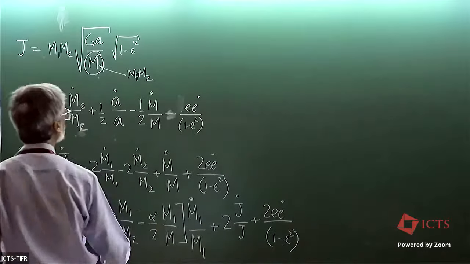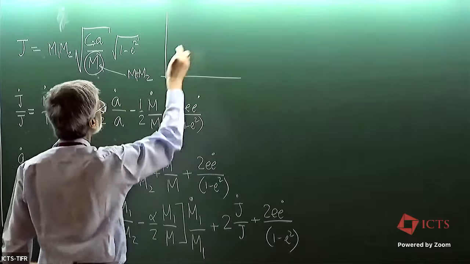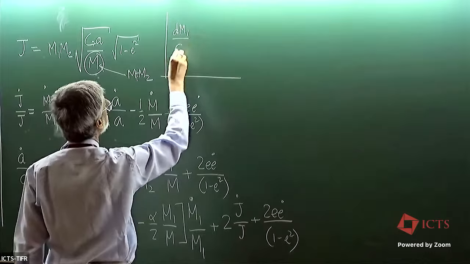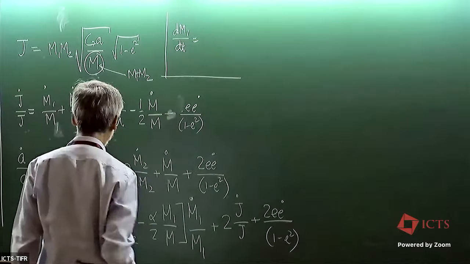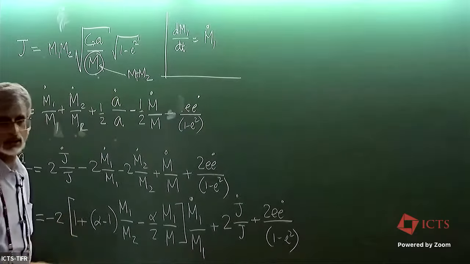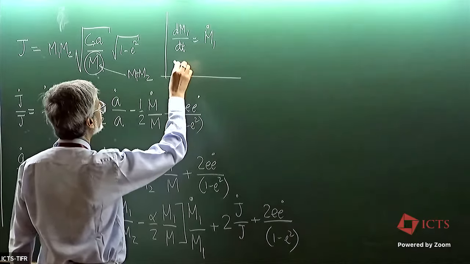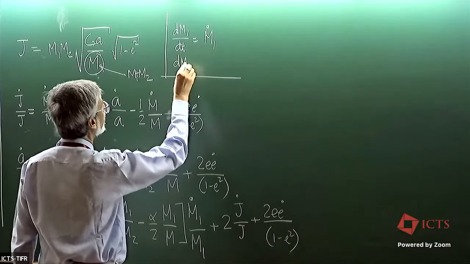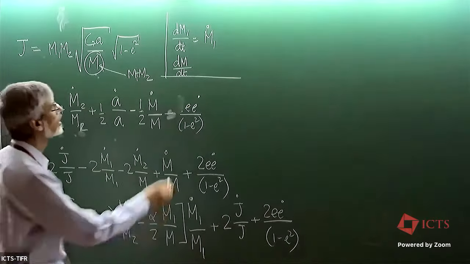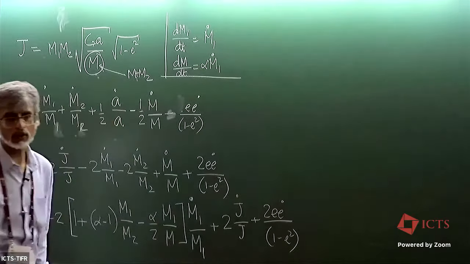So here what we have done is we have said dM1 dt is M1 dot, which is negative in this case. dM dt, as the total mass of the system, is alpha M1 dot.